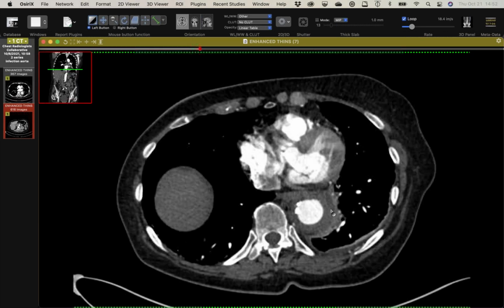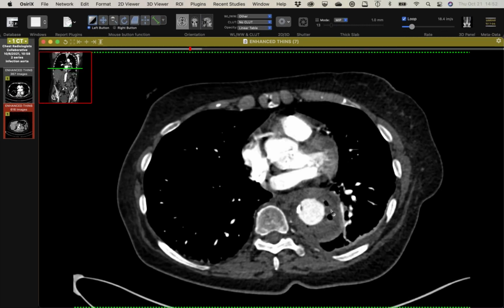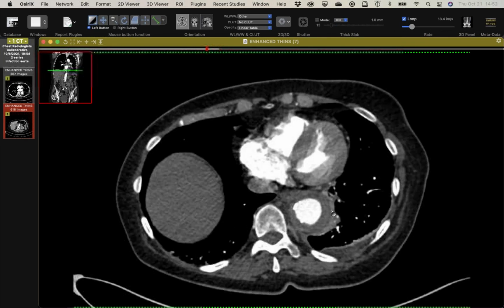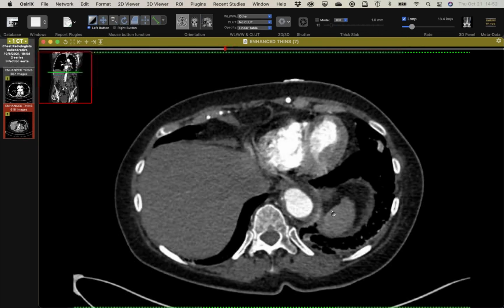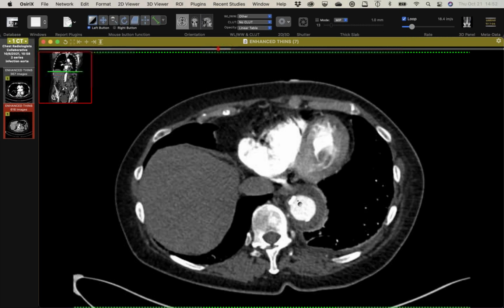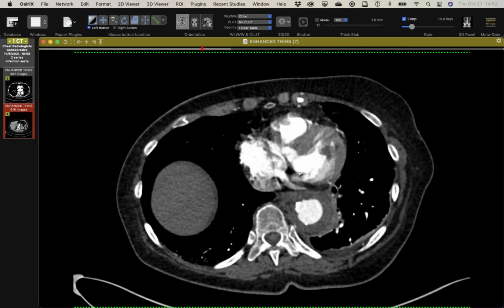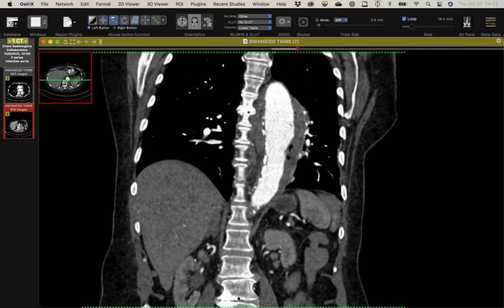So this went to open repair because this is a presumed infected aorta. They called it a mycotic aneurysm. I'm not sure if that really qualifies as that. I wonder if it's an infected type B intramural hematoma, but whatever. And this actually grew out E. coli. But I can't recall seeing a case with gas in the wall of the aorta like this. Let me go coronal. Have you guys ever come across something like that?